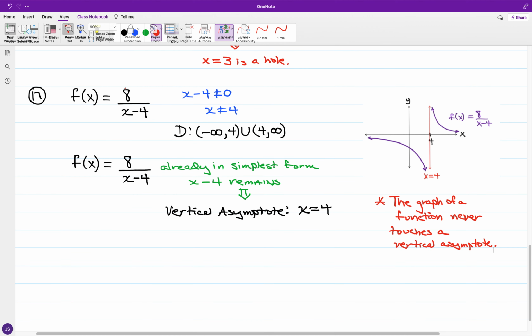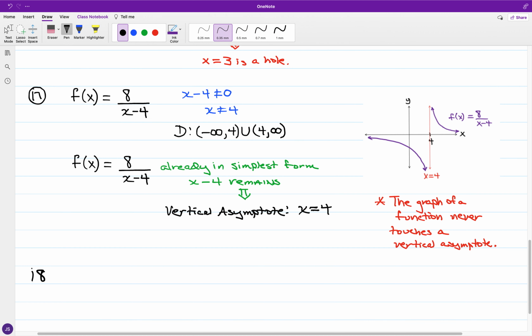Now, the next one we have is number 18. So we got g of x, and we have a constant over a binomial in this one: 2 over x plus 7.